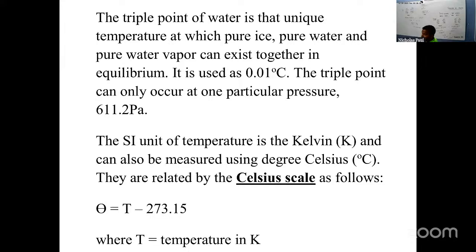One thing you'll notice is that the triple point can only occur at 611.2 pascals, which is the only pressure at which the triple point would happen. So you don't really observe it so easily. It is a very small pressure.